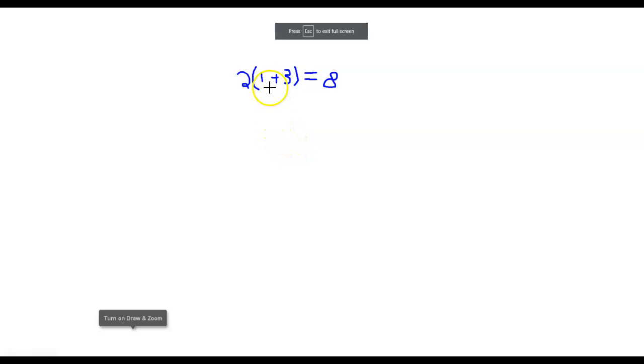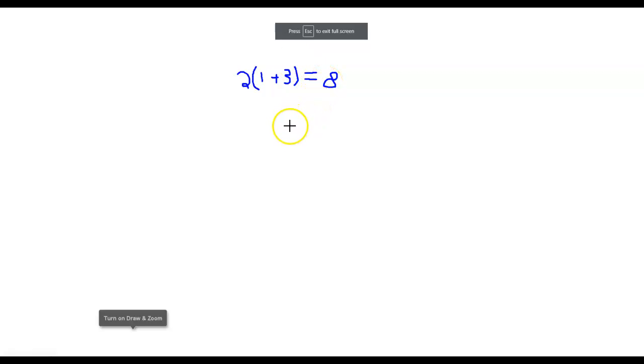If I were to add together what's inside the parentheses, I would get 4. Remember our order of operations, we have to do what's inside the parentheses first, if we can. And we can here. So if I were to add 1 to 3, I would get 4, and if I multiplied that by 2, I would get 8.